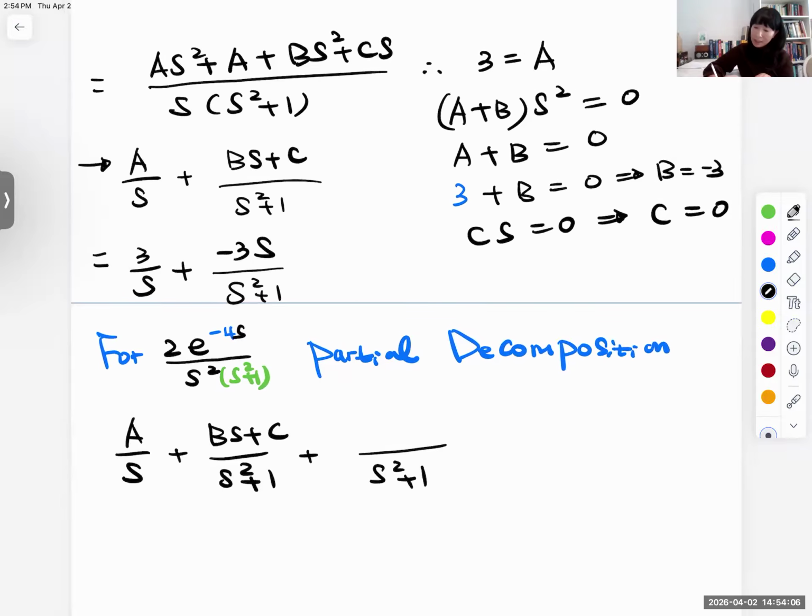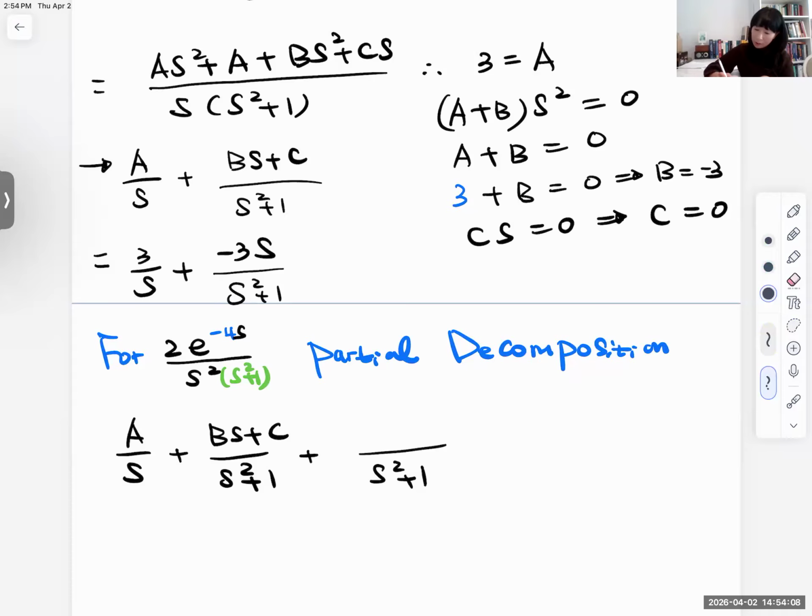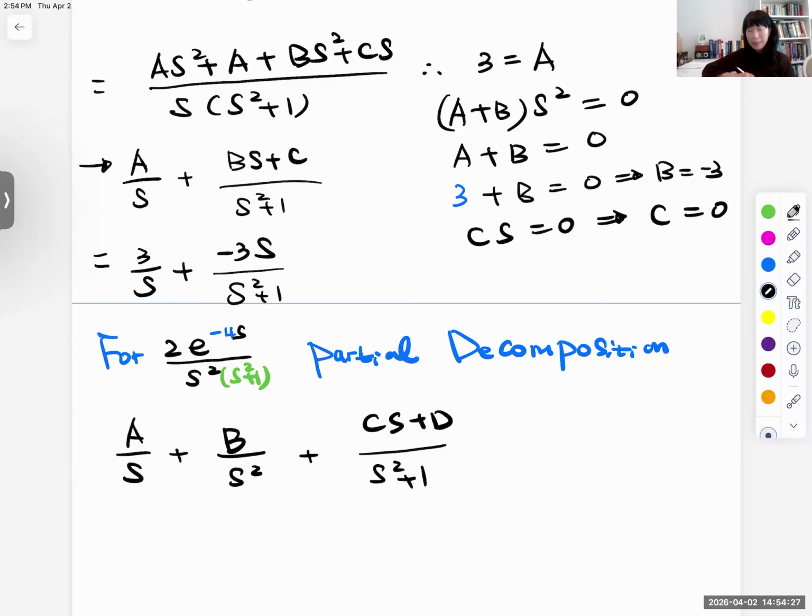So one less. Let us do this one first. We have to do s squared first. Then we are using v. We don't use bs. We're using v. And then cs plus d. Make sense?